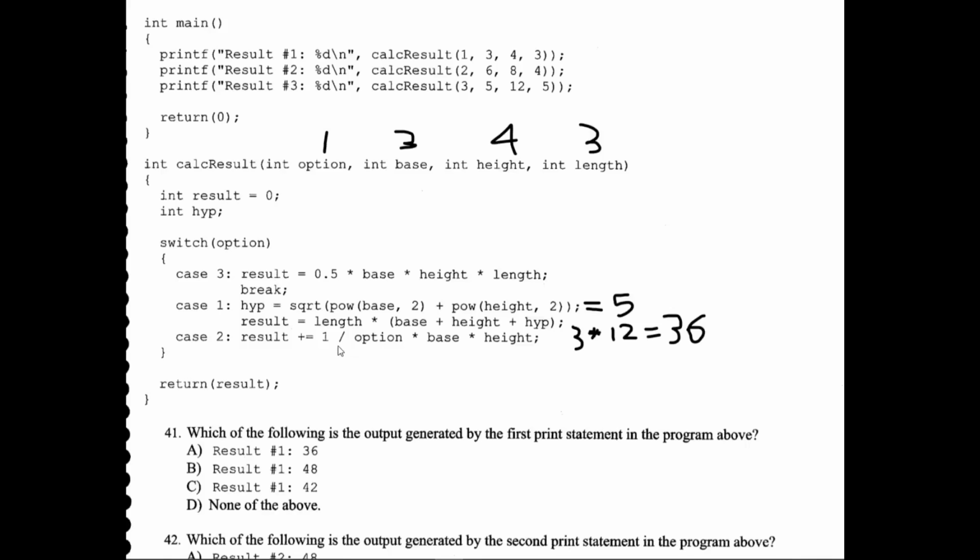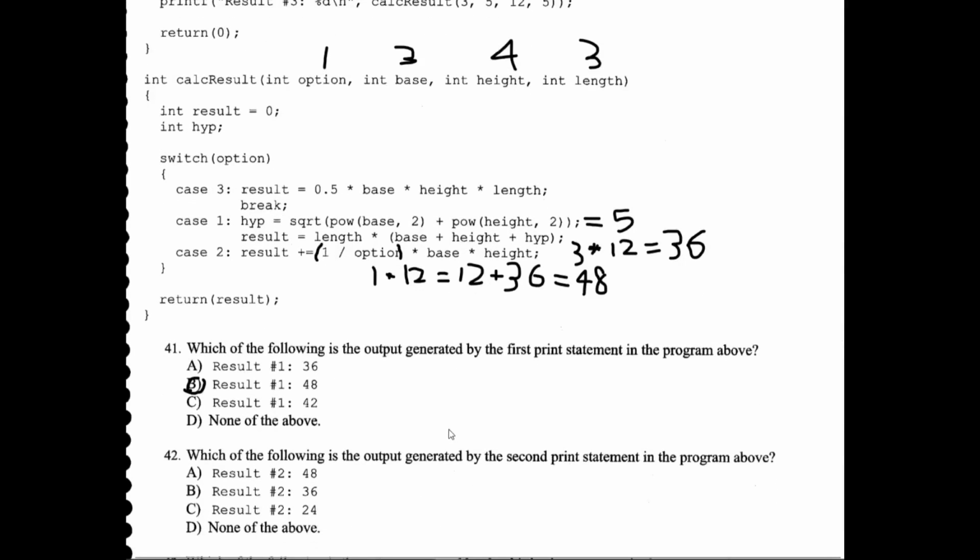Divide has precedence over multiplication, so we can add some parentheses to remind ourselves of that. 1 over option, the option is 1, so this is going to be 1, and then that's going to multiply by the base plus the height, which is 3 times 4, so times 12 is equal to 12, which is going to get added to 36 for our final result of 48, which is answer choice B.